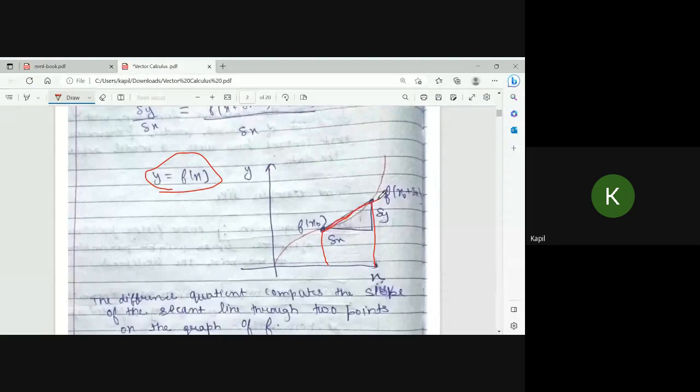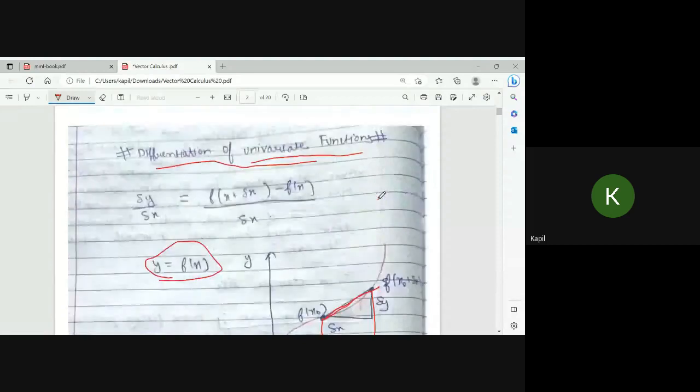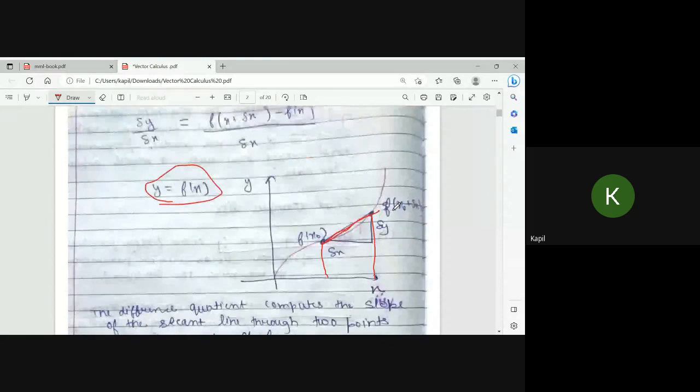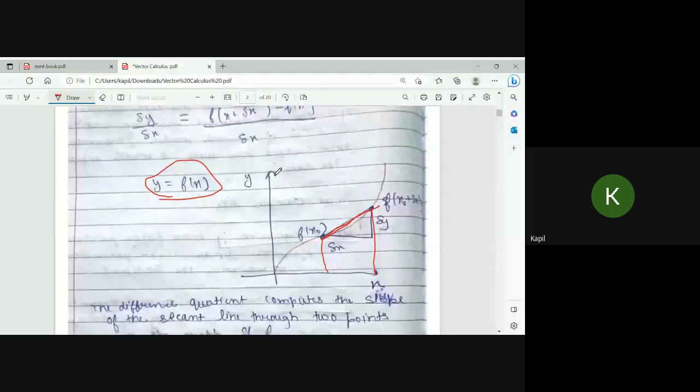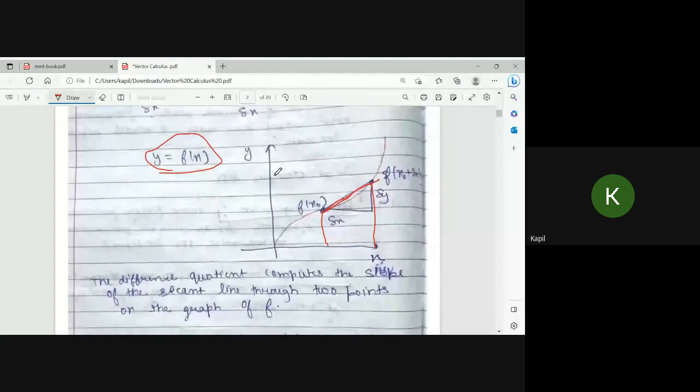In order to find the slope of this secant, we take (y2 minus y1) upon (x2 minus x1), that is, (f(x plus delta x) minus f(x)) upon delta x. This is the slope of the secant. The difference quotient computes the slope of the secant line through two points of the graph of f.